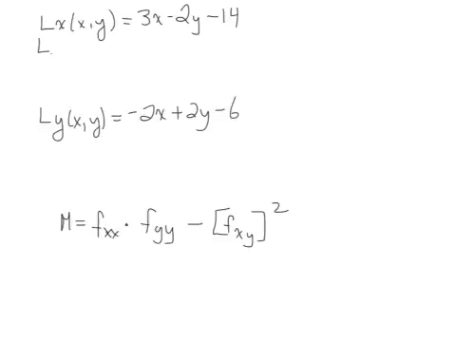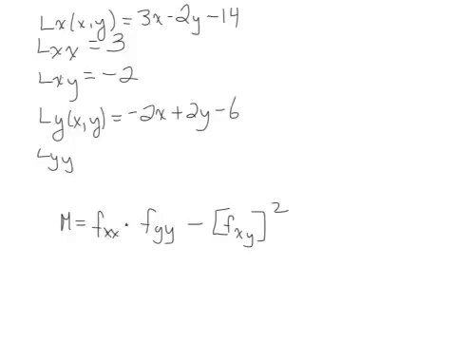So remember, we have Lxx and Lxy. So our Lxx would be taking the second derivative with respect to x again. So here we have just a 3. Our Lxy, we have the second derivative now with respect to y, and that would just be -2.